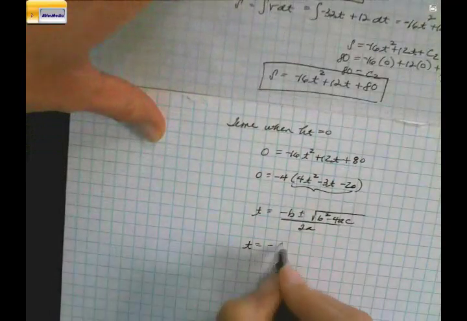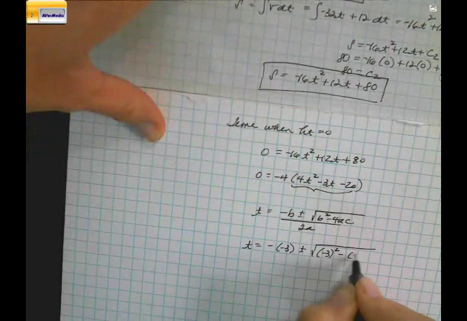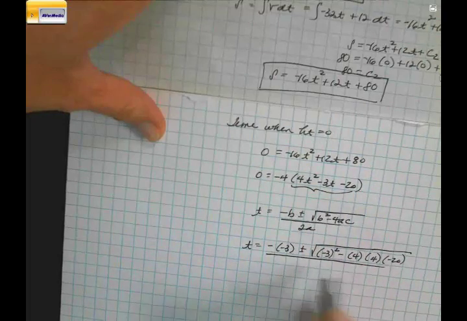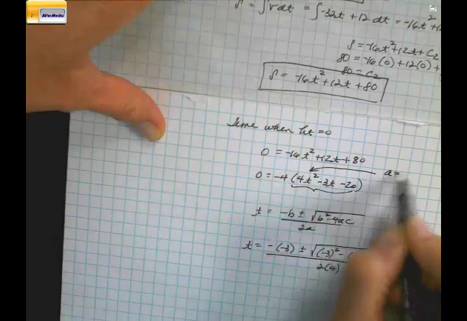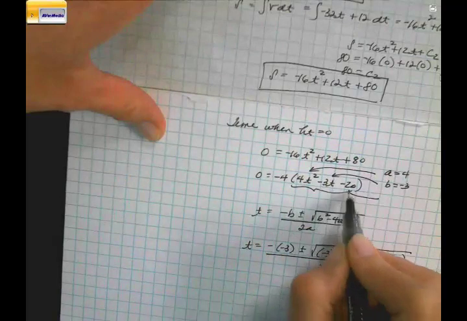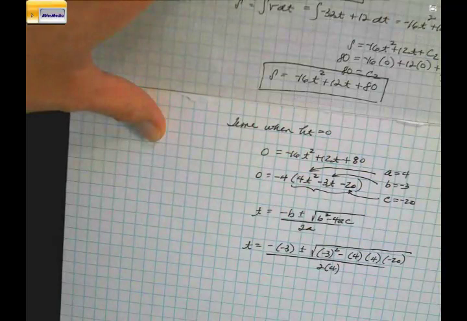So your time is a negative b, which is a negative of a negative 3, plus or minus the square root of a negative 3 squared minus 4 times a times c, all over 2 times a. Now we're taking a to be 4, b to be negative 3, and c to be a negative 20. You're just looking at the quadratic, the second degree trinomial there.